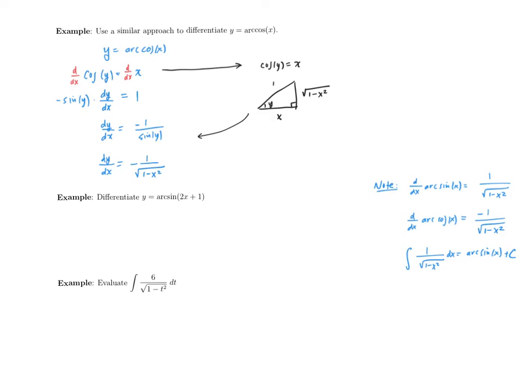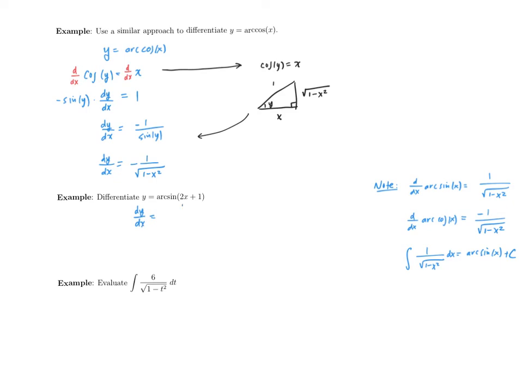Hopefully at this point you've paused your video and you've gone through some computations. So let's summarize together. If we want to find dy dx, we would differentiate, and because of a composition, we would use the chain rule. The chain rule tells us we differentiate that outside function arcsine.